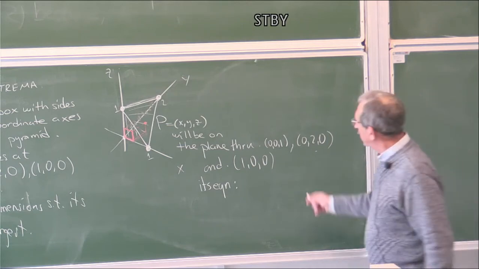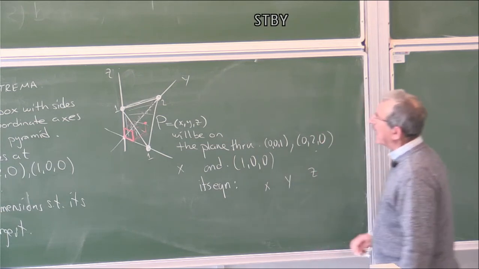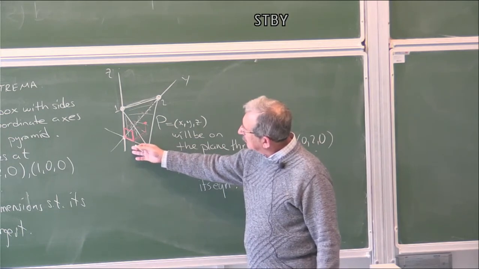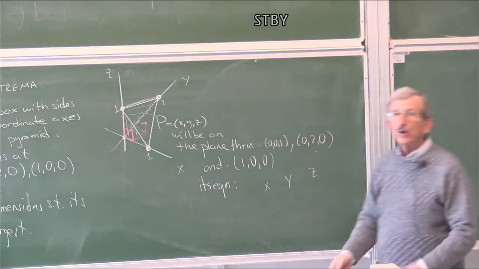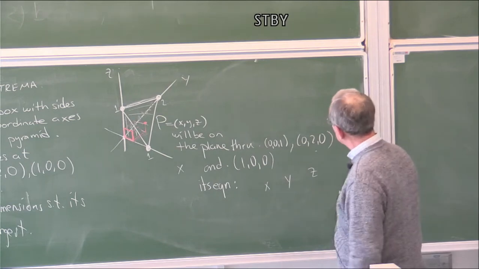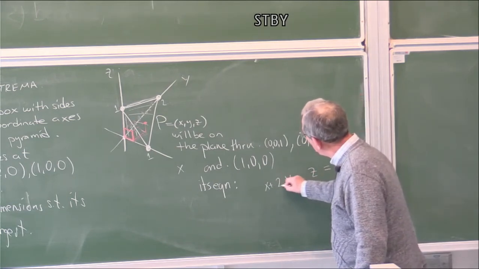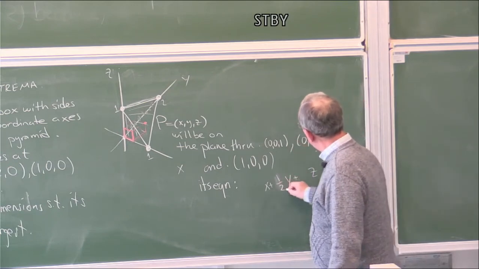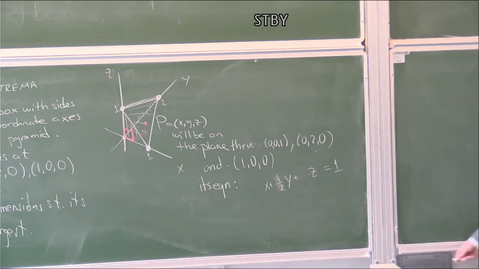You have x, y, and z, and for example at y = 0, z = 0, and x = 1, you want to get 1. So this would be x plus (1/2)y plus z, which would be 1.